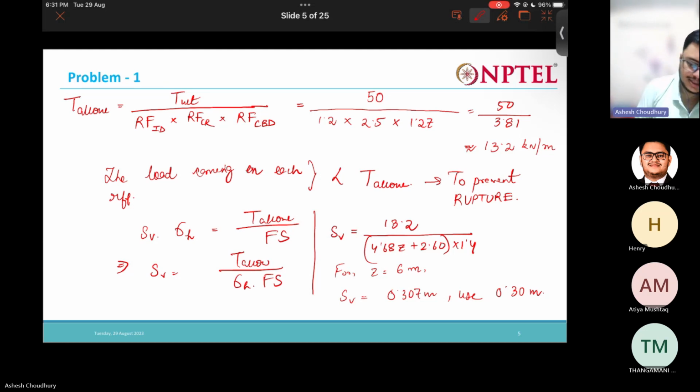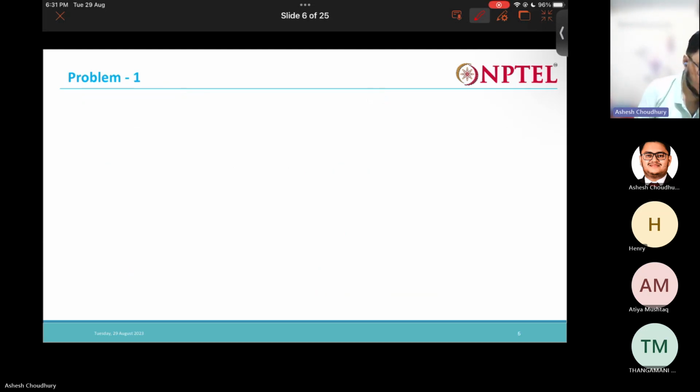Now let us see. You need to do this by trial and error. By trial and error, for Z equal to 3.3 meters, what will be the spacing?